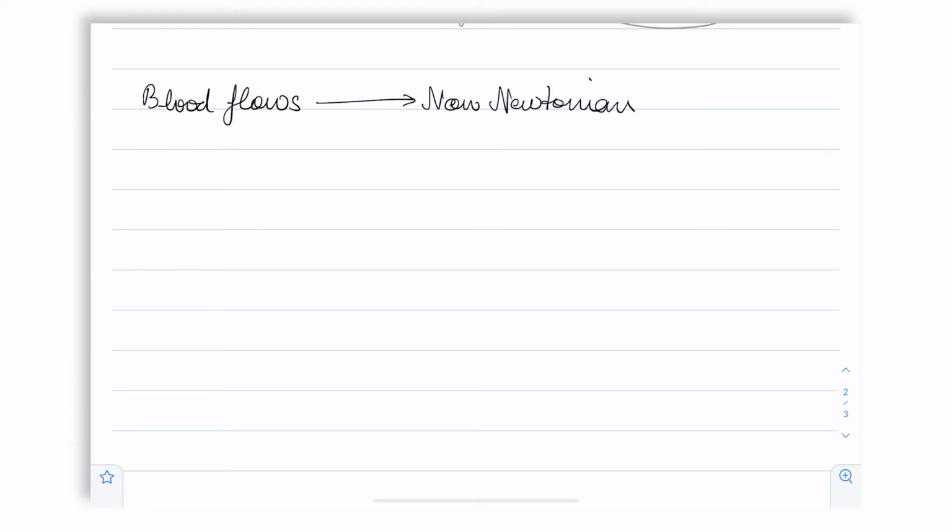Now, blood itself is not static in terms of the fact that it flows. And the flow is non-Newtonian. This is mostly because blood consists of these two primary components, cellular components and plasma, which is a mixture of macromolecules, ions, and water.